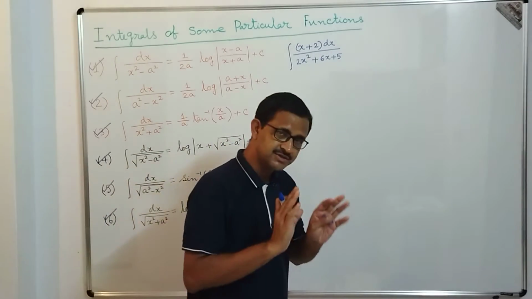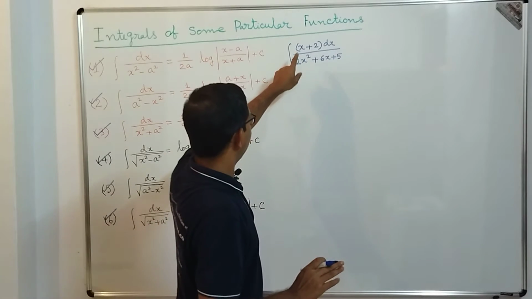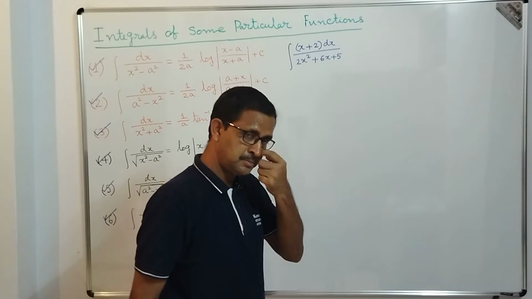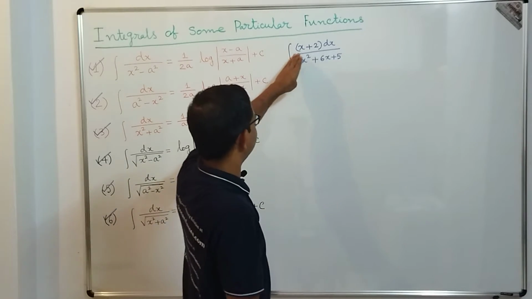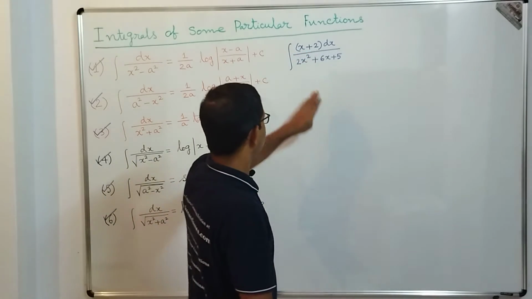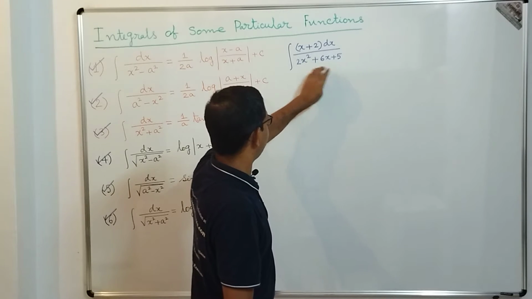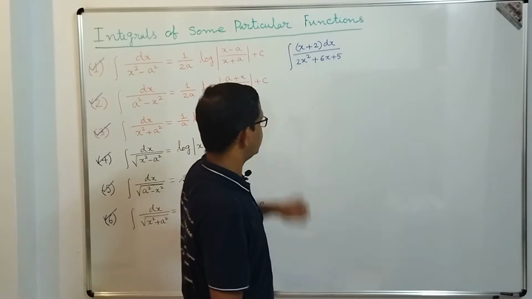Whenever you get an integration where the numerator is a linear expression and the denominator is a quadratic expression, as you see here, x plus 2 is a linear expression and 2x square plus 6x plus 5 is a quadratic expression. So what should we do?